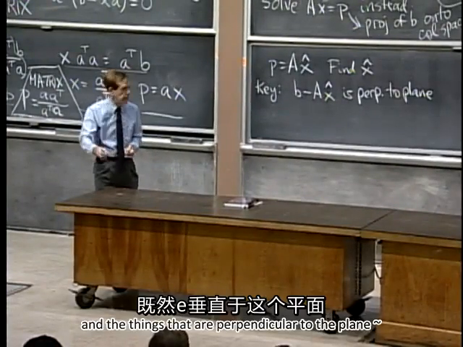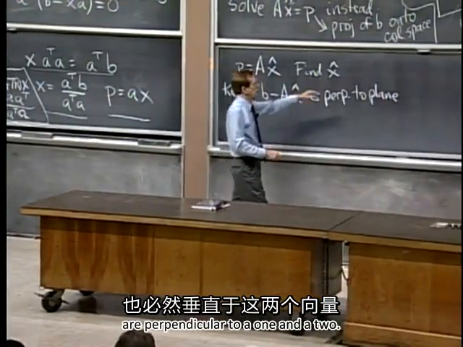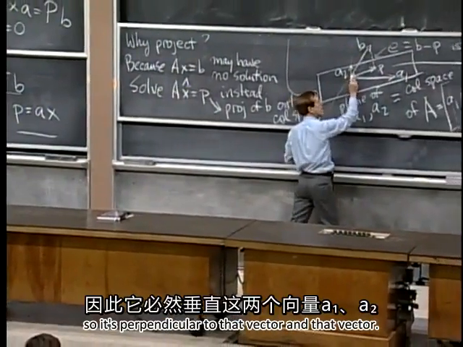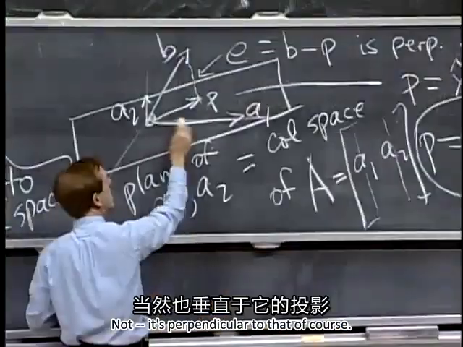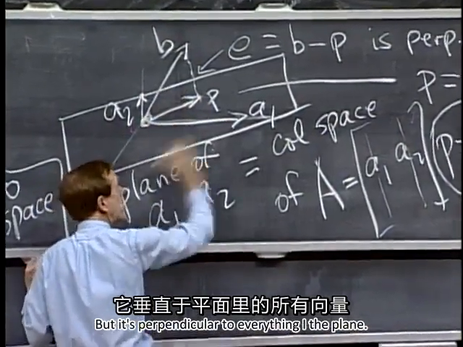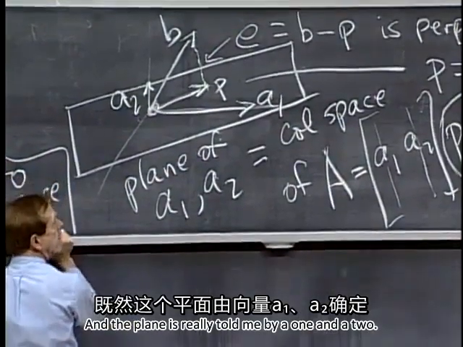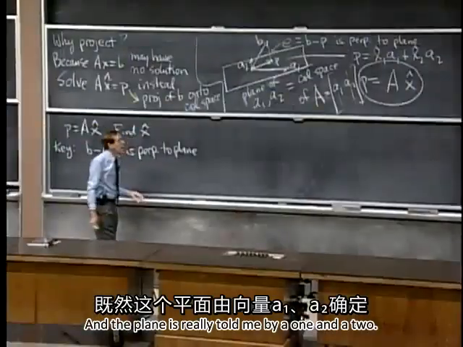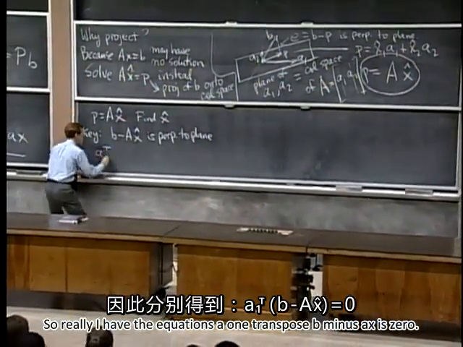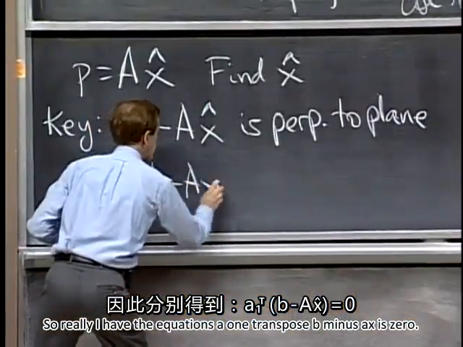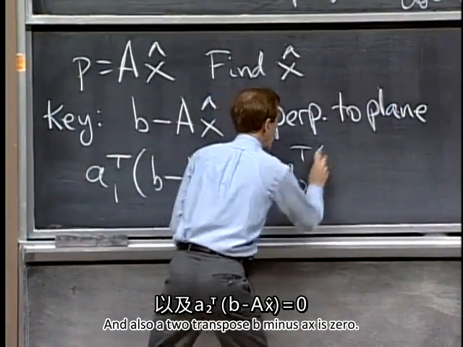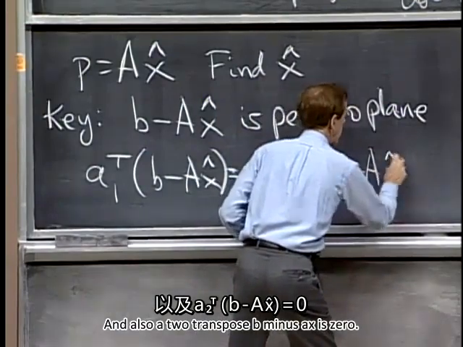And the things that are perpendicular to the plane are perpendicular to A1 and A2. It's perpendicular to everything in the plane, and the plane is really told to me by A1 and A2. So really, I have the equations A1 transpose times (B minus A x) is 0, and also A2 transpose times (B minus A x) is 0.